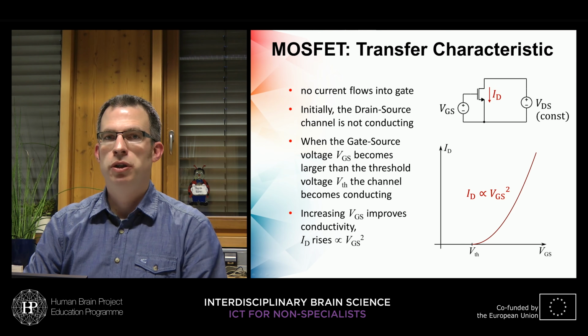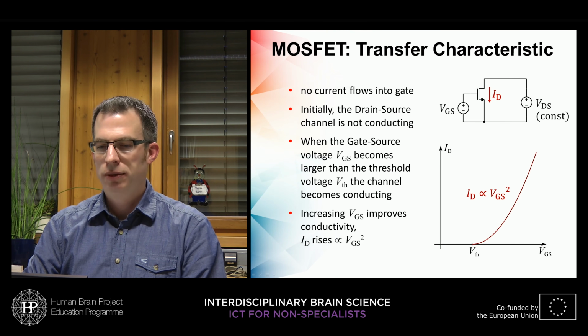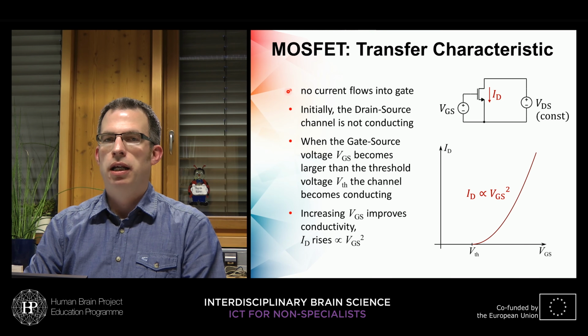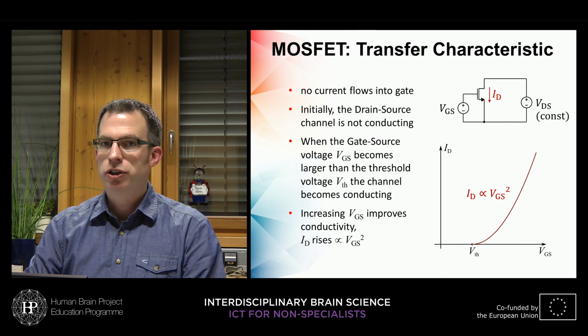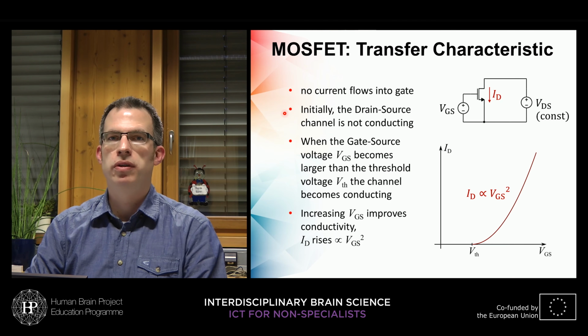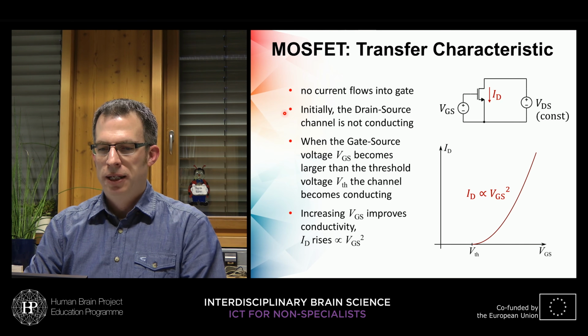So the first thing to note is due to the insulator between the gate and the channel, no current flows into the gate. And if we have no voltage applied to the gate, then the drain to source channel is not conducting. As I already said, this is due to the different doping types in the silicon substrate.